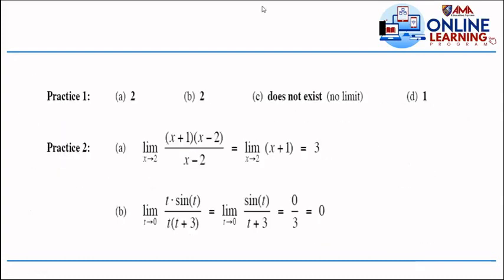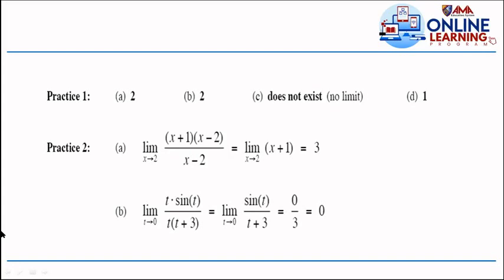Dito, yung sa practice 2 po natin dito, ang tawag po dito is algebra method sa A and B po natin. So, we have to use the 5 rules ng limits po natin. Although meron yung constant na K, the most important is yung addition, subtraction, multiplication, and division of limits.